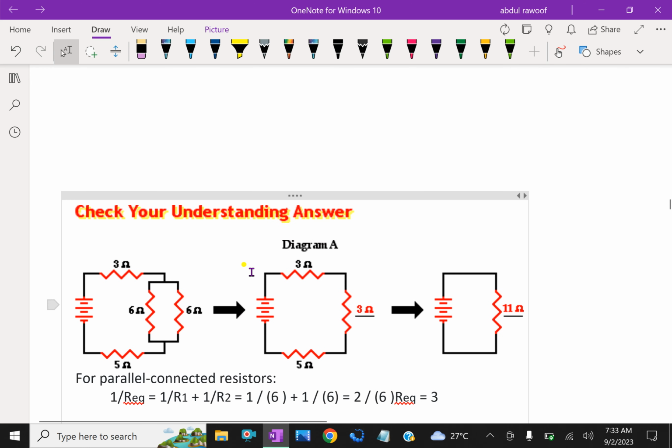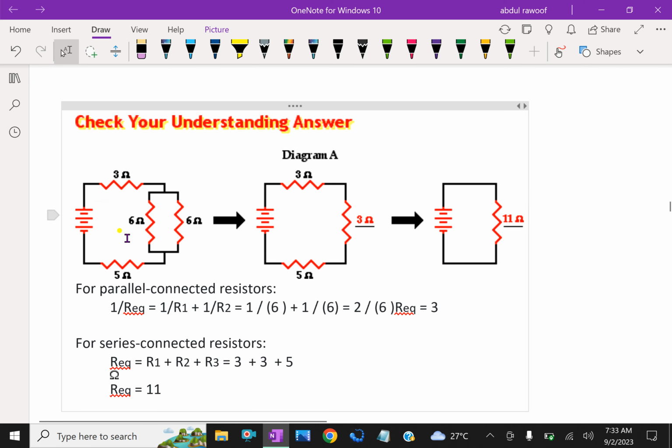Now, simple calculation. Look at here. This circuit has two resistances in parallel, that is 6 and 6. So the equivalent of these two is 1 over R1 plus 1 over R2 because it's parallel. So 1 over 6 plus 1 over 6 is 2 over 6. That is, the effective resistance is 3 between this parallel. That 3 resistance is in series with this 3.